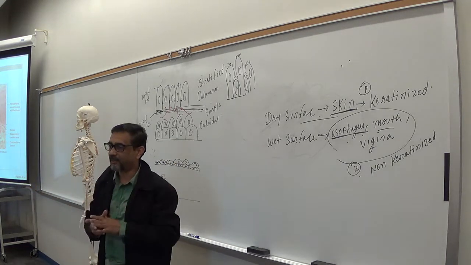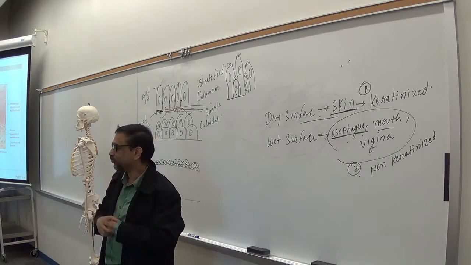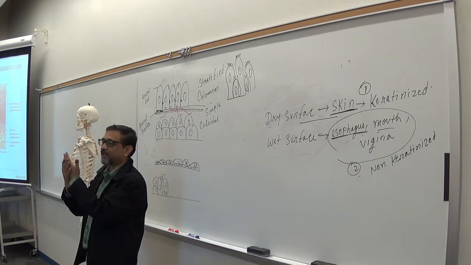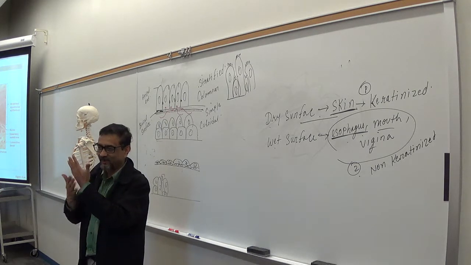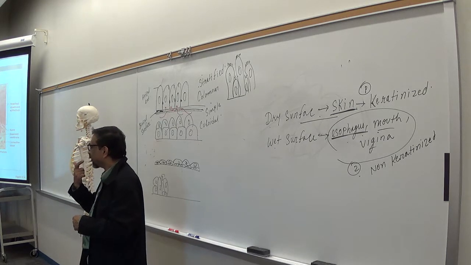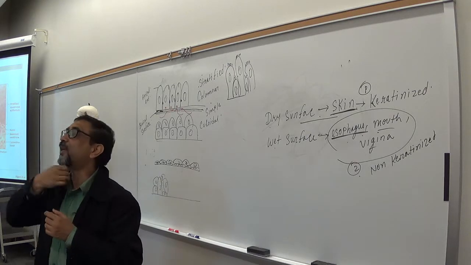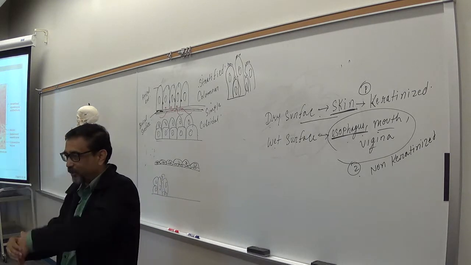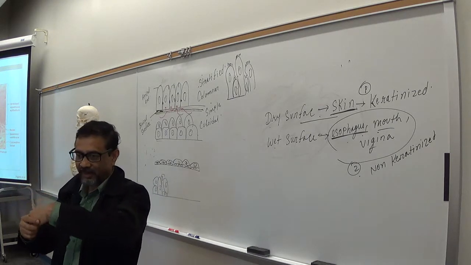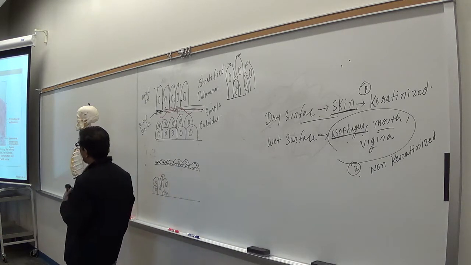You will find stratified squamous because it forms thick layer, okay, for protection. You know that chance of friction is high in the skin, right? Body surface. Chance of friction is high inside the mouth, right? Because when you chew the food, right? Lot of friction. Esophagus, narrow tube, so food bolus passes through it. So the chance of friction is high. Make sense? So that is stratified squamous.